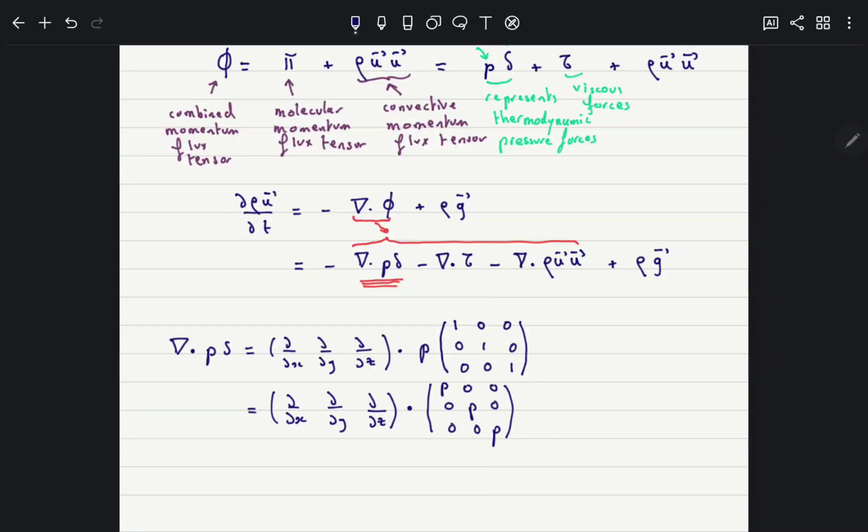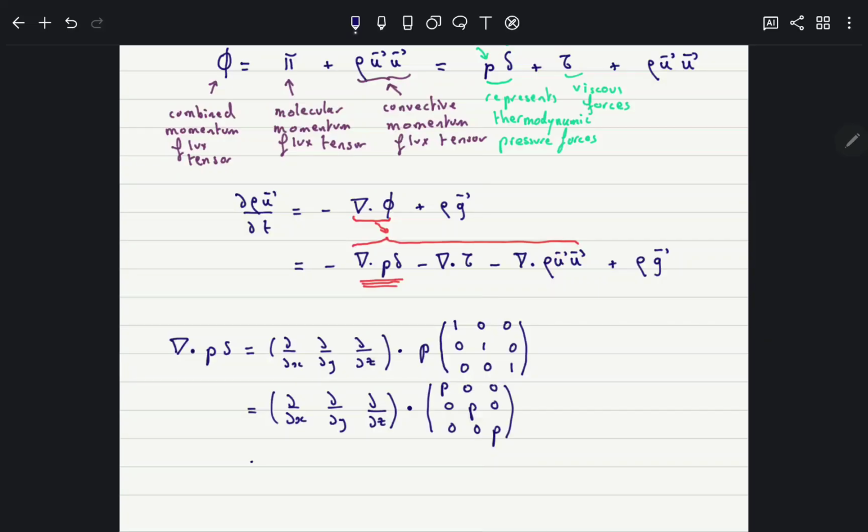So that's the identity matrix multiplied by p. When you're a bit familiar with matrix calculus, that's going to give you a one-line vector, since you have d over dx applied to p plus d over dy applied to 0 plus d over dz applied to 0.